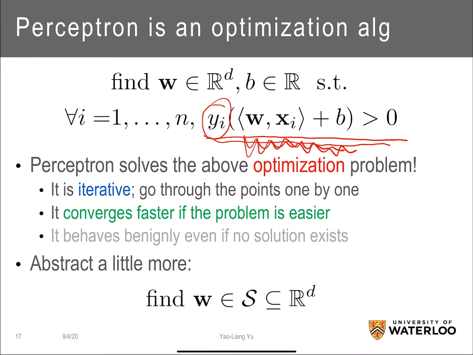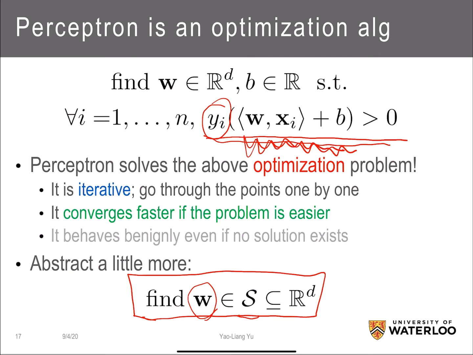And if I abstract this a little more, basically, the perceptron algorithm tries to find a W that is in some solution set S. As you're going to see, most times we're going to phrase our problem as a minimization problem or a minimax problem, but the algorithms we're going to study all boil down to this abstract problem.